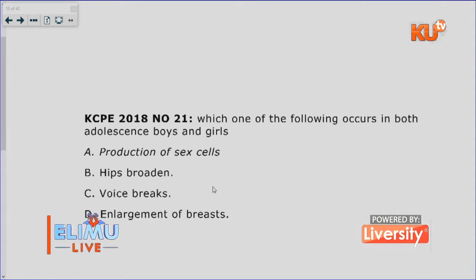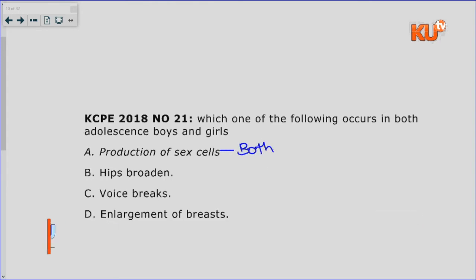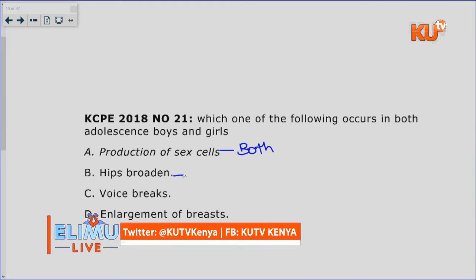We have production of sex cells, hips broaden, voice breaks, enlargement of breasts. Let's look at them. Production of sex cells, this one is for both. Boys produce the sperms, girls produce the ovum. Hips broaden, this one is for girls, not for both.